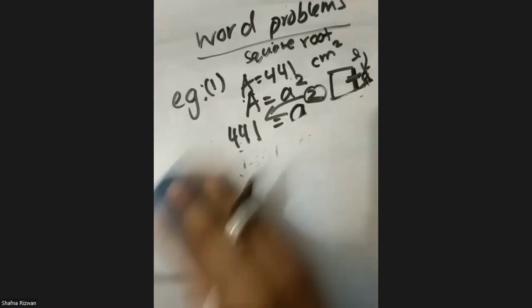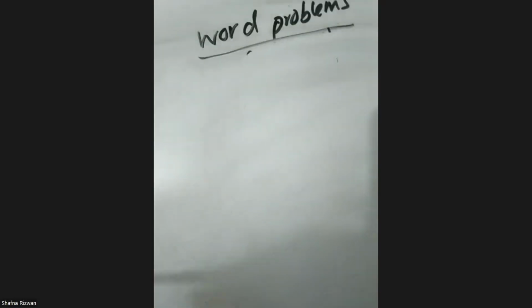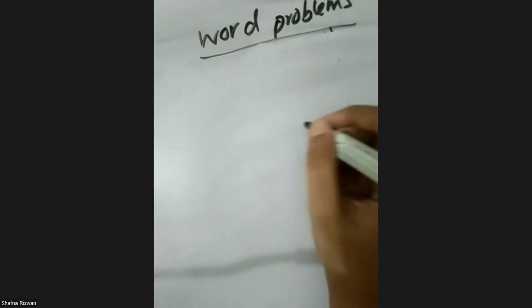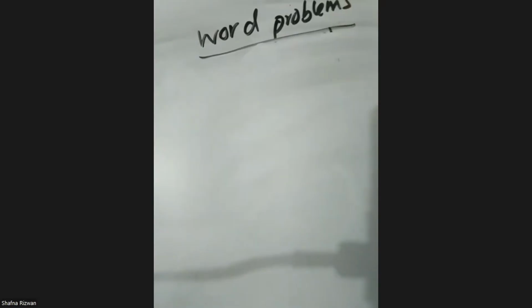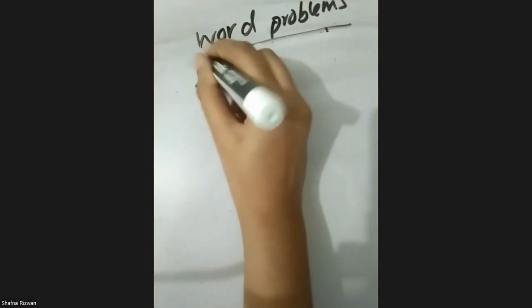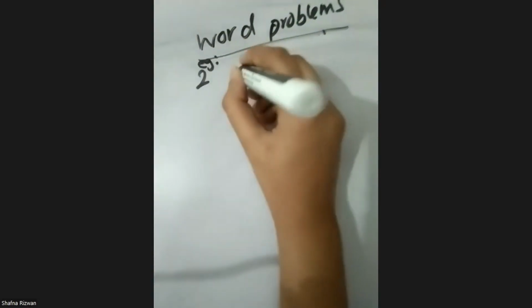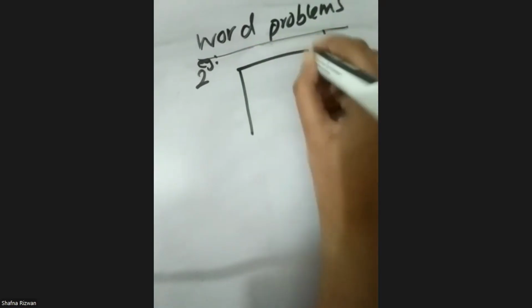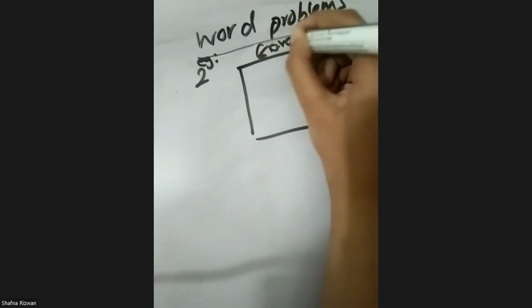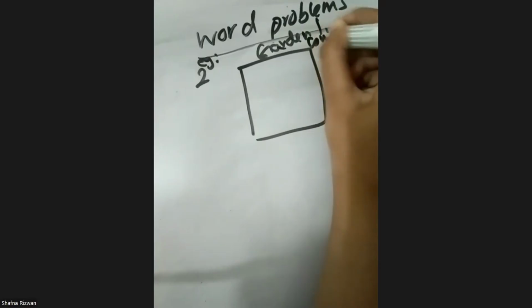Now let's go to the last question. If they ask you, okay, nicely listen. Now they are saying, remember, that you have a, example number 2, you have a garden. That garden, you can say garden or you can even call it a courtyard.